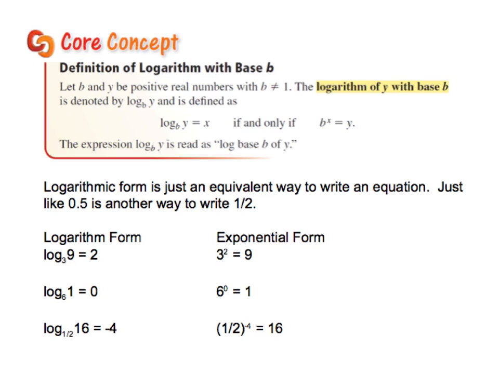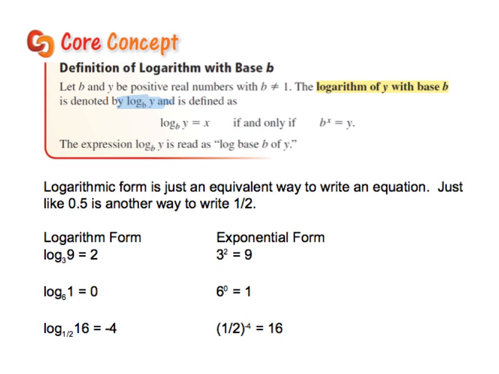Okay, so this slide has a lot of information on it. The definition of a logarithm with base b. It says let b and y be positive real numbers where b does not equal 1, and the logarithm of y with base b is denoted by log base b of y.